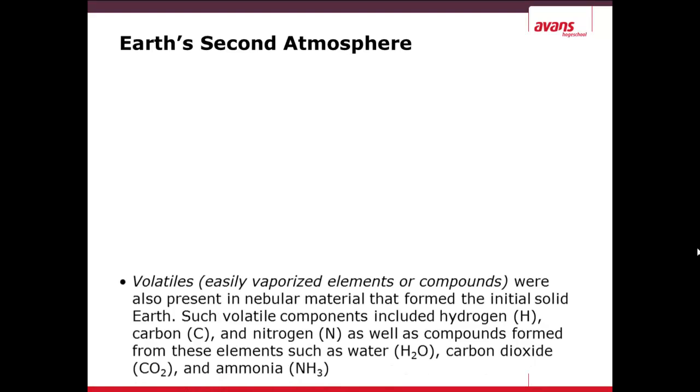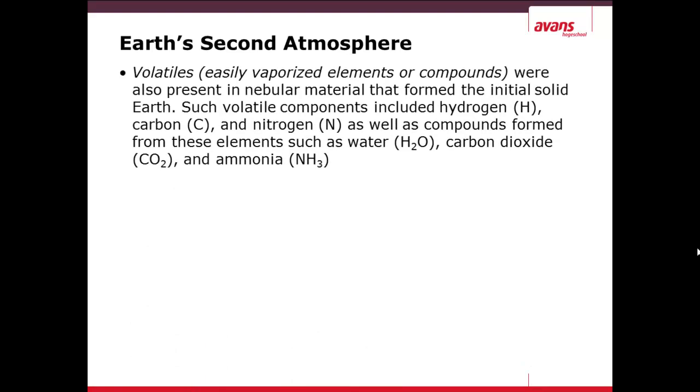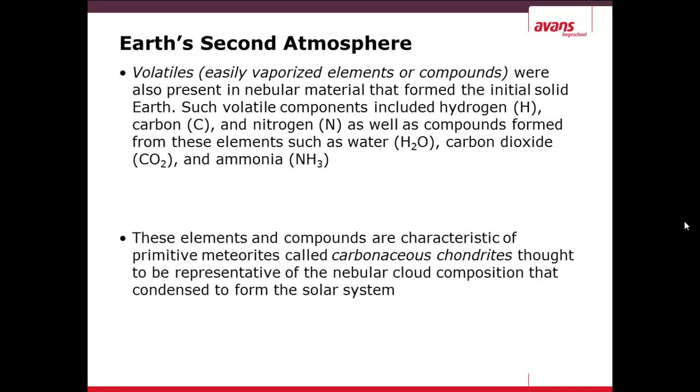The second atmosphere, the secondary atmosphere, was composed of volatiles. These are easily vaporized elements or compounds from the initial solid Earth. These volatile compounds include hydrogen, carbon, and nitrogen, and also compounds formed from these elements, such as water, carbon dioxide, and ammonia.